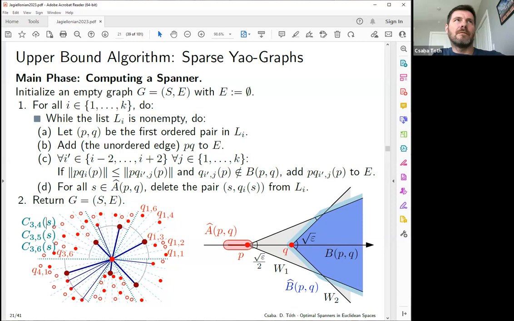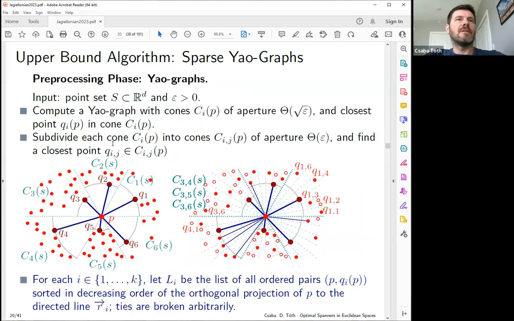Yeah, so order all of the edges in each direction. This is the list of ordered pairs. They're ordered by decreasing order exactly to support the induction proof.